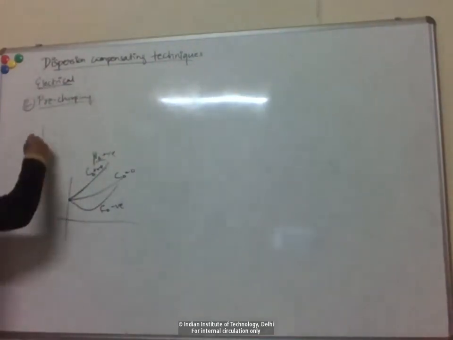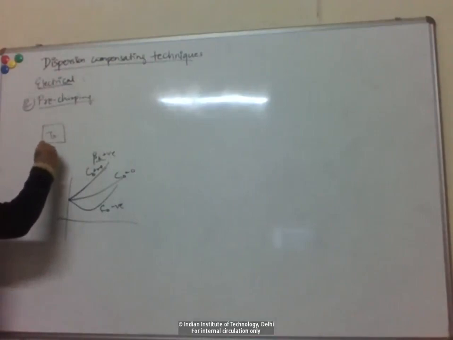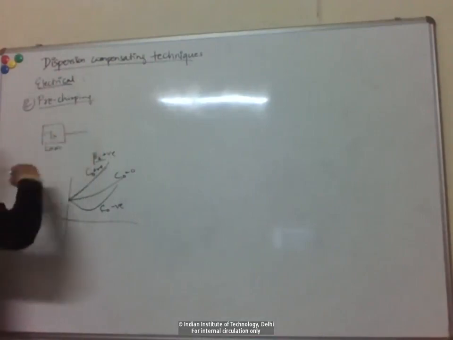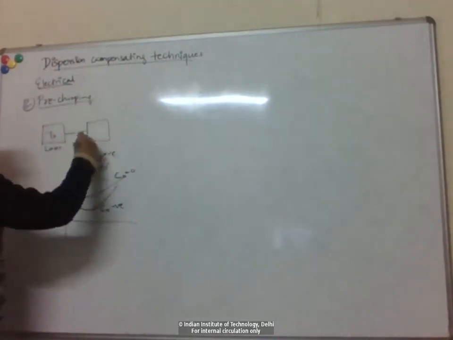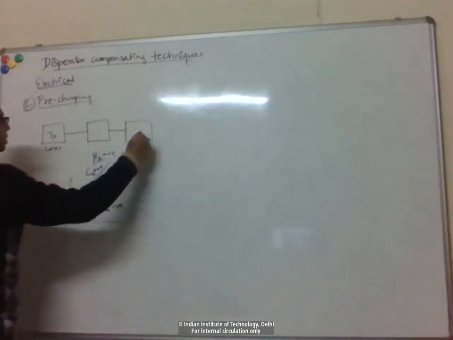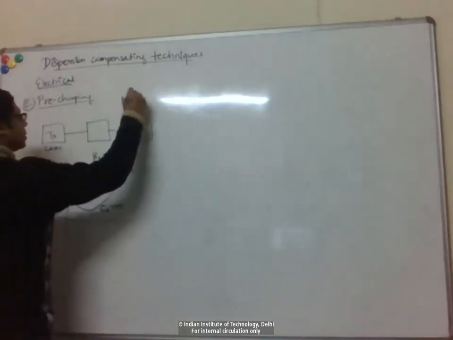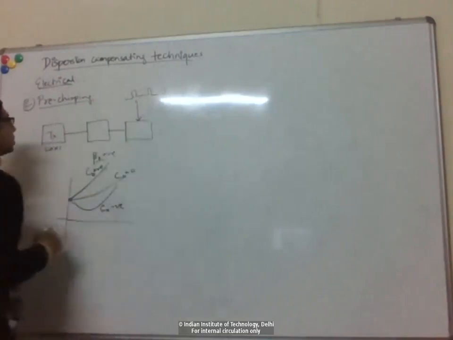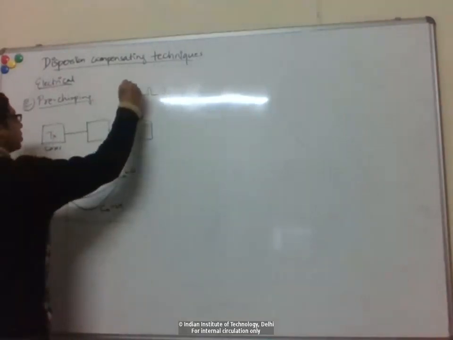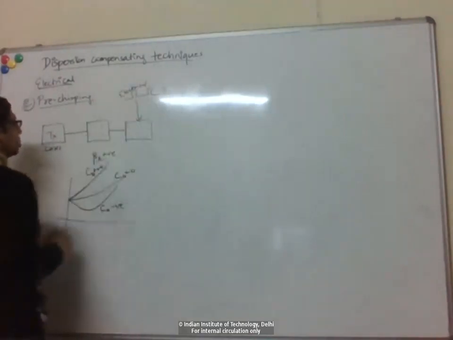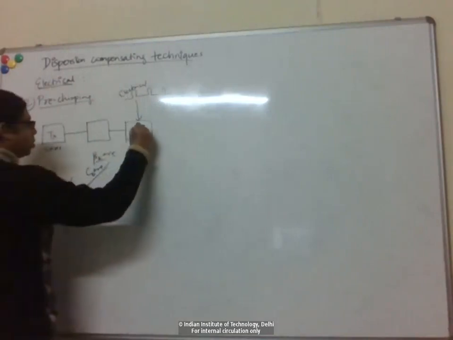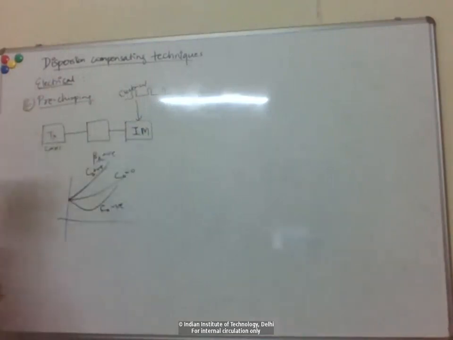Right, so here what you do is you have your laser source. Before you put your electrical data, you use some electro-optic modulator, specifically what is known as an intensity modulator, right?